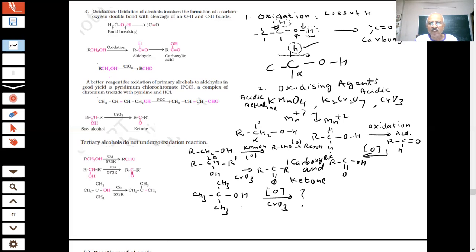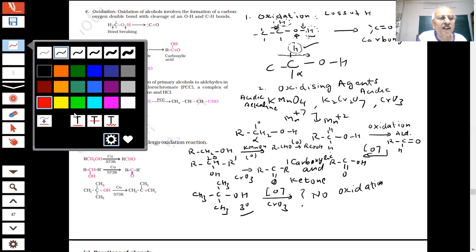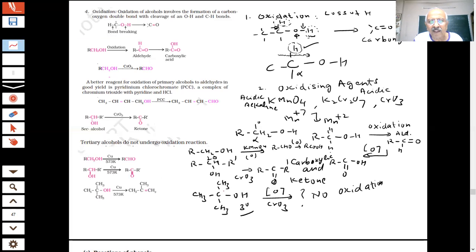This is a 3 degree alcohol, no oxidation. Let me tell you why I gave this reaction. Tertiary alcohols are not oxidized. There will be no reaction, students. Why? Because there is no alpha hydrogen. This is an important question that has been asked in the paper. You can see that here, there is no hydrogen attached to this carbon, only methyl groups. So where is the hydrogen? Nothing.